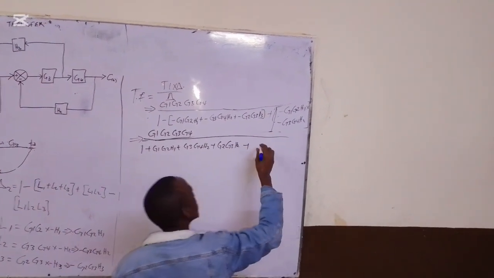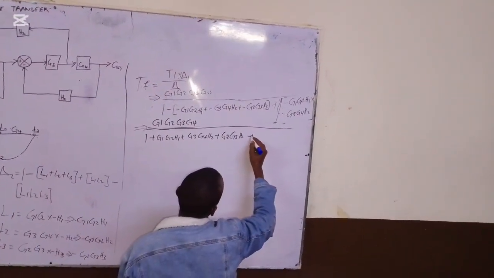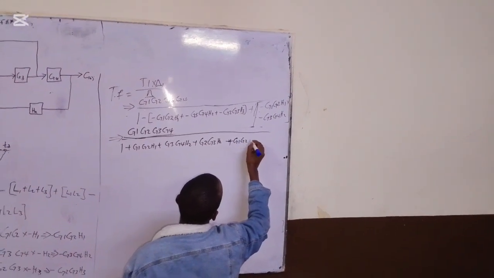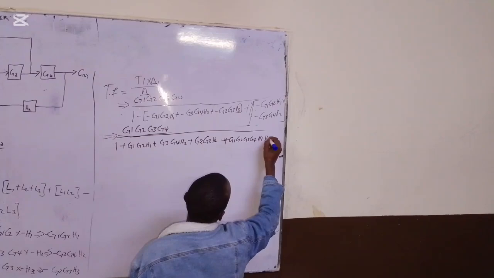Then plus negative times negative, we get positive, then plus G1 G2 G3 G4 H1 H2.